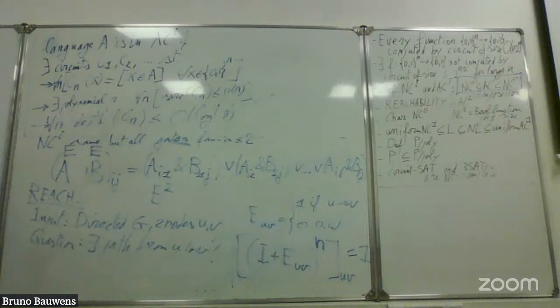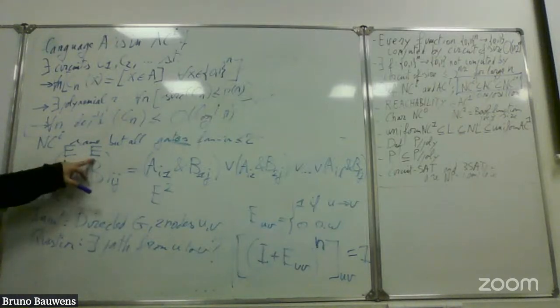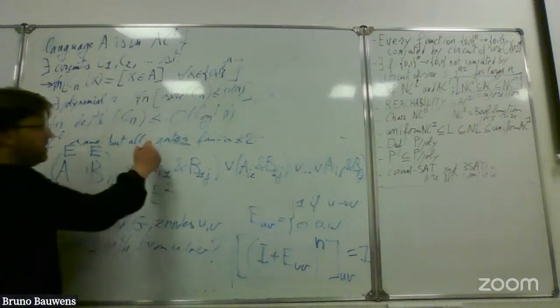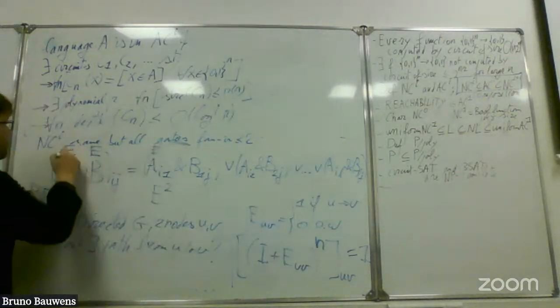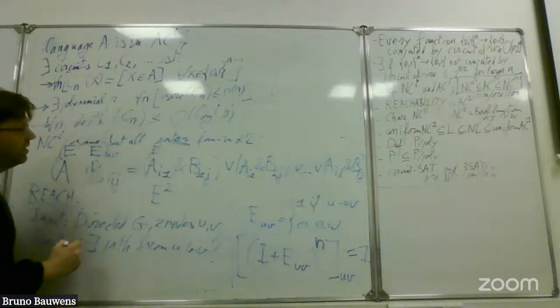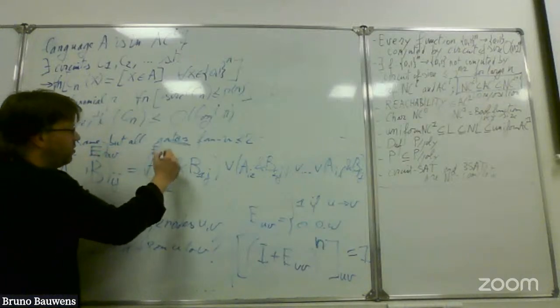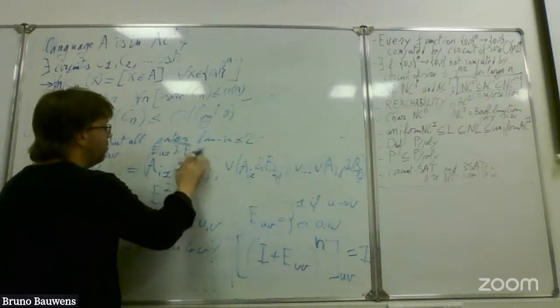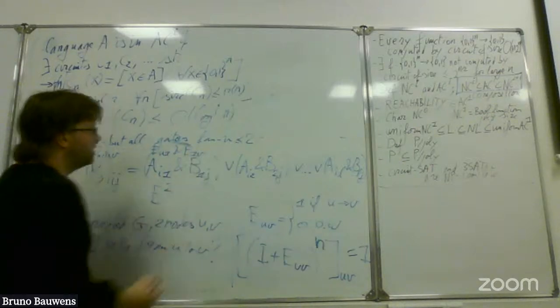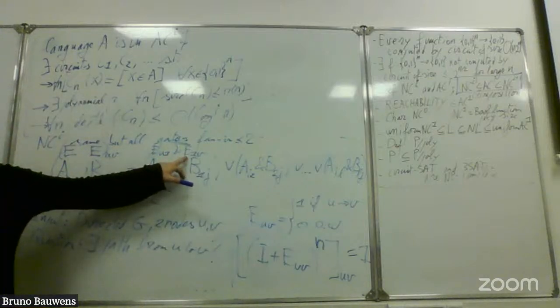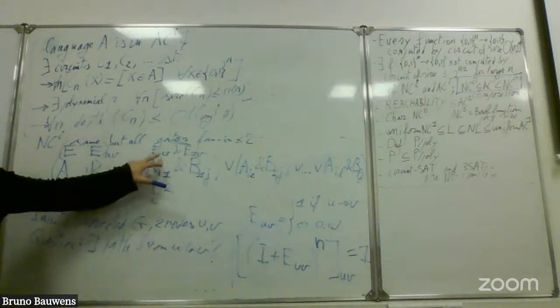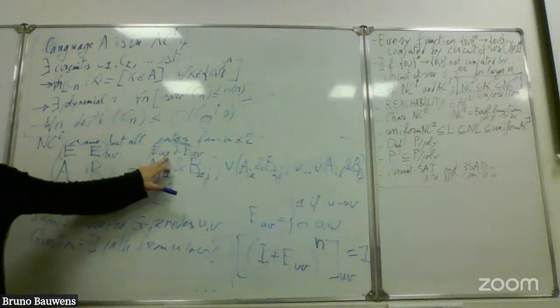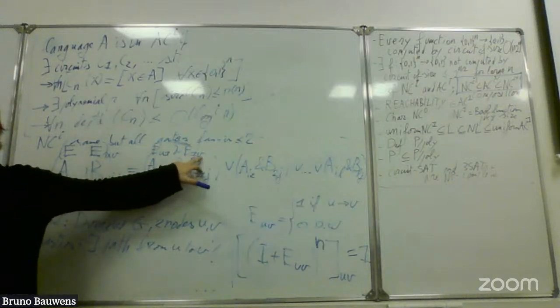What is this, E times E? When we look at entry UV, we will have E_U1 and E_1V. So this will be 1 if there is an edge from U to node 1 and from node 1 to node V.